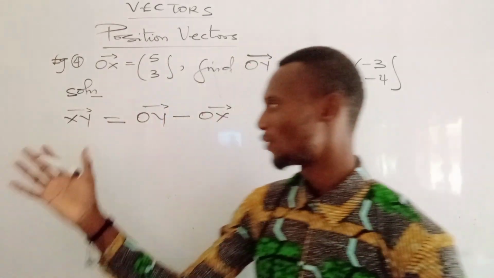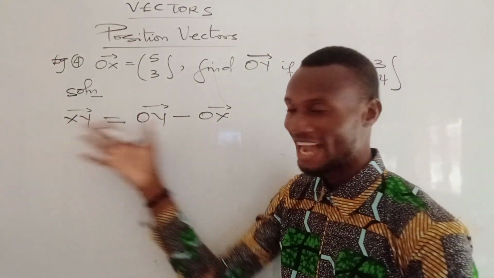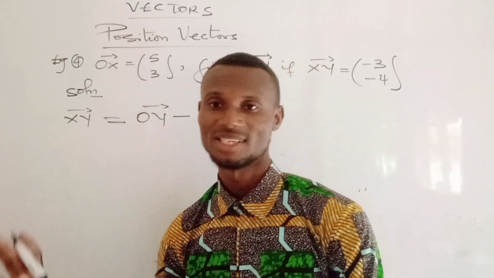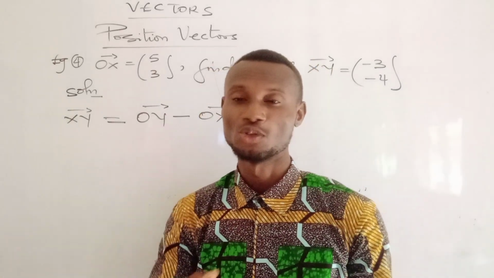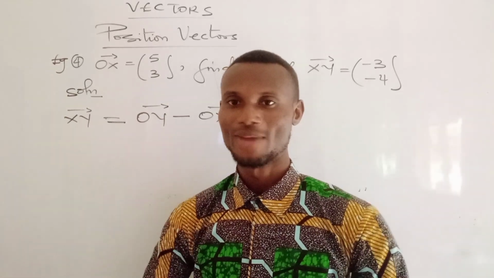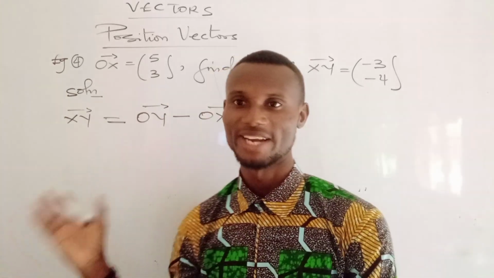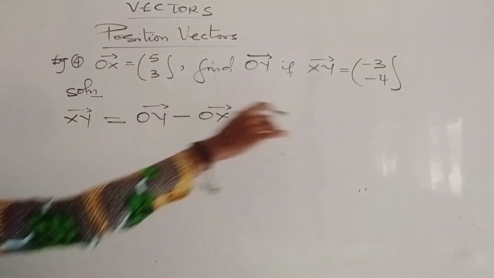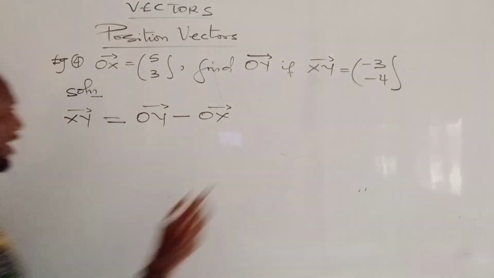Now that we've been able to write down the expansion for the vector SY, all that we need to do is just to input our values, and we are going to solve for OY. We are just going to make OY the subject of the equation. Now the vector SY is given to be -3, -4.